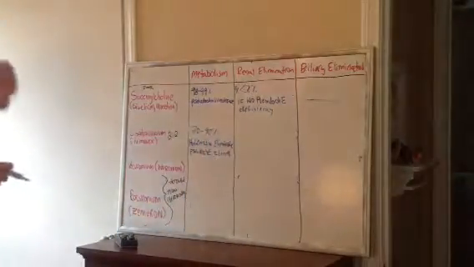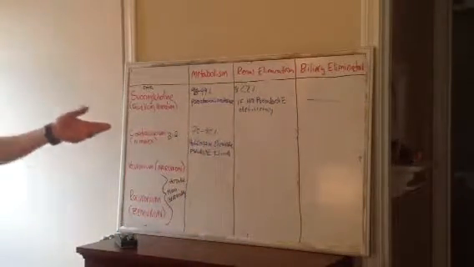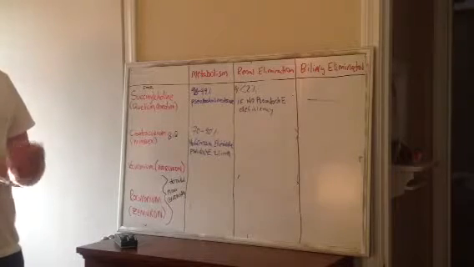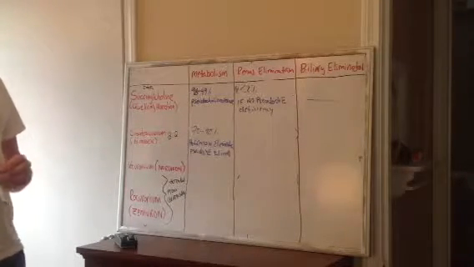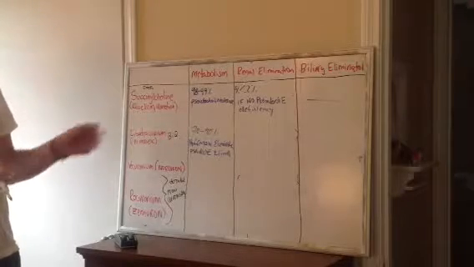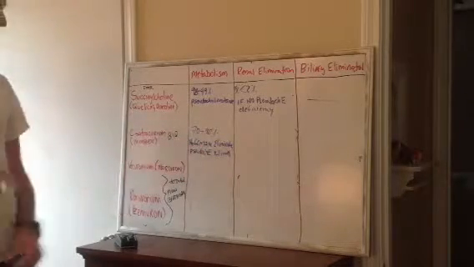So if you're looking at cisatracurium and atracurium, you would see that atracurium has a higher percentage of the drug being eliminated via pseudocholinesterase elimination.